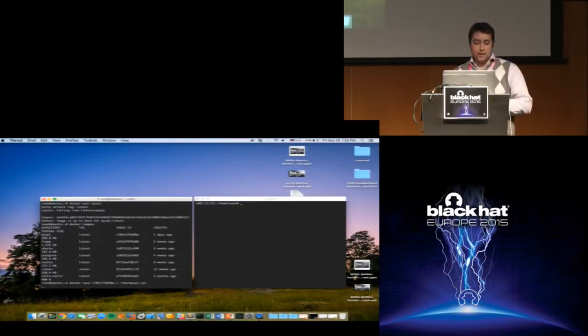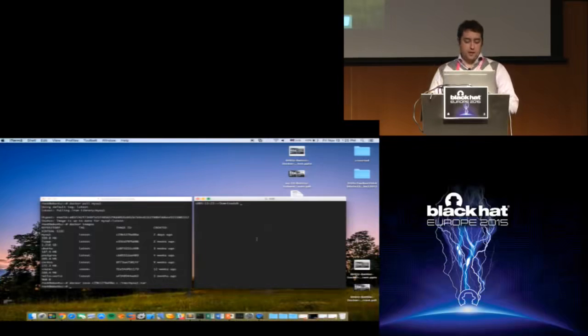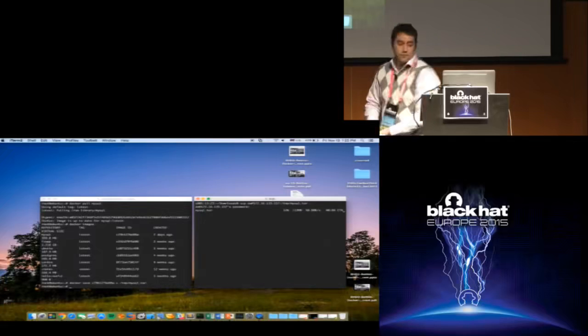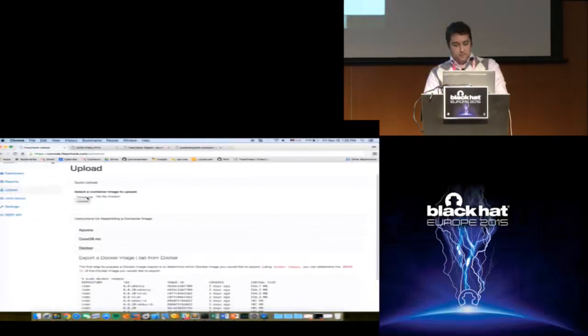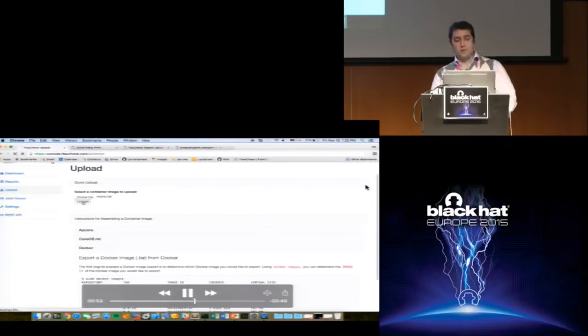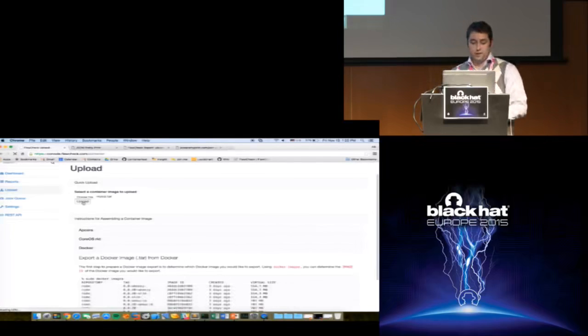And then this is exporting it out of Docker, just doing a Docker save on the image ID. This is just an SCP to the machine. This is just uploading it from the portal. And so this only takes about a minute. The slowest part is actually the upload process.